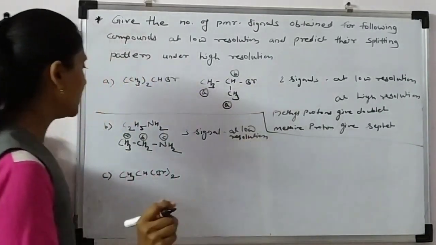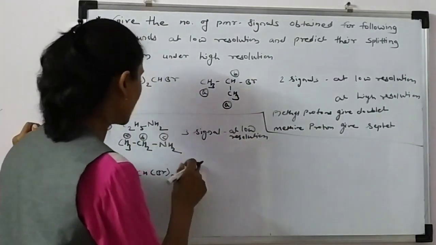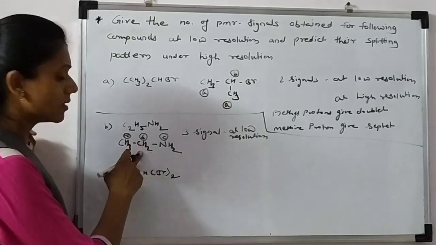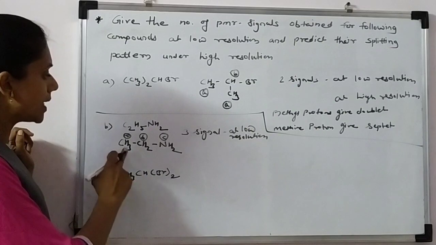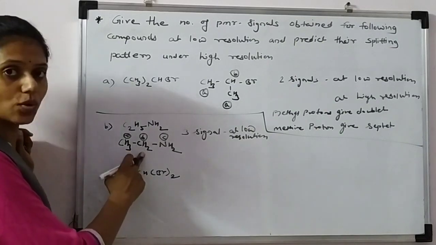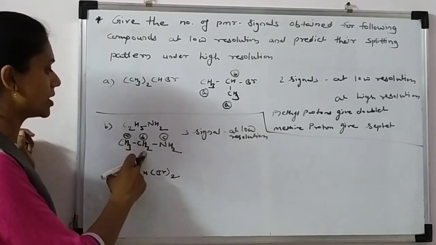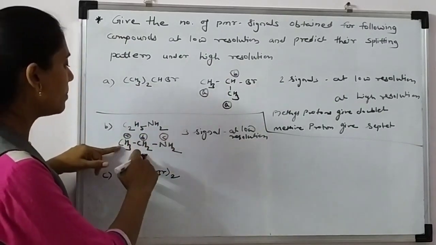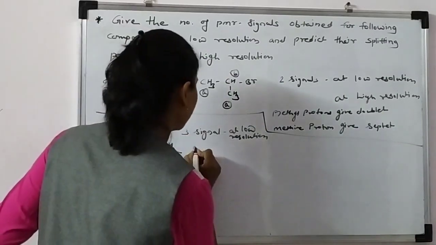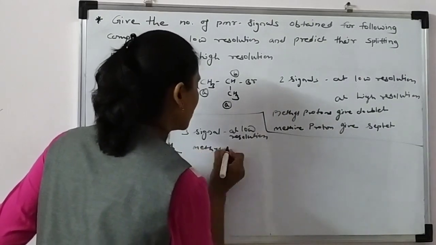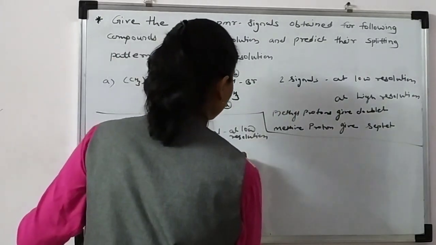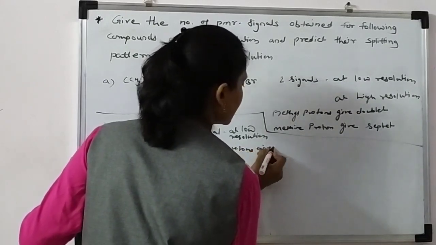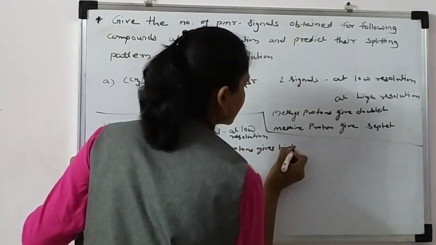And at high resolution, the methyl group gives a triplet, since the adjacent methylene group is present here, that means 2 protons. So methyl protons give a triplet.